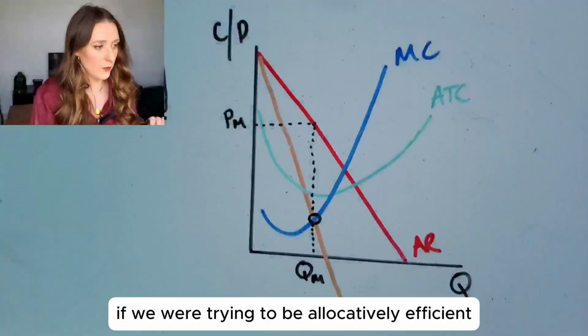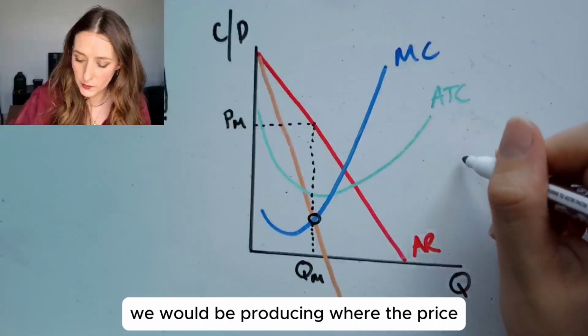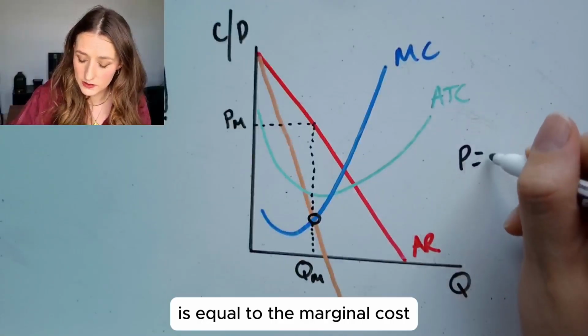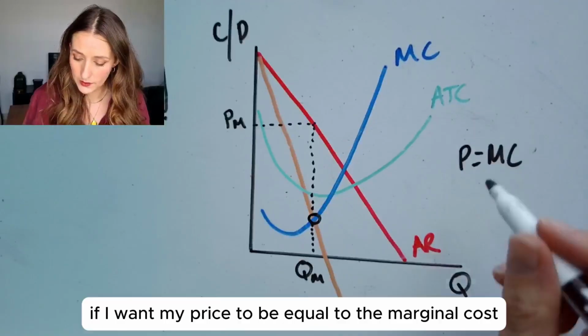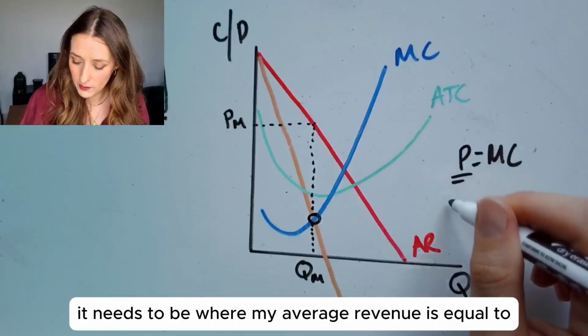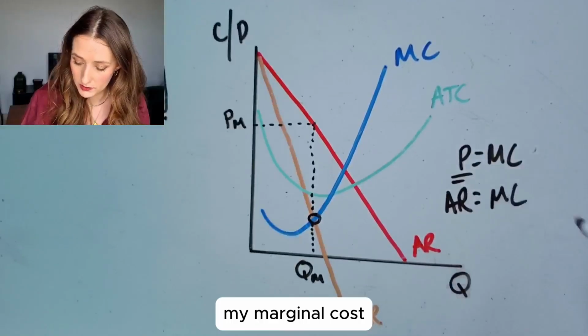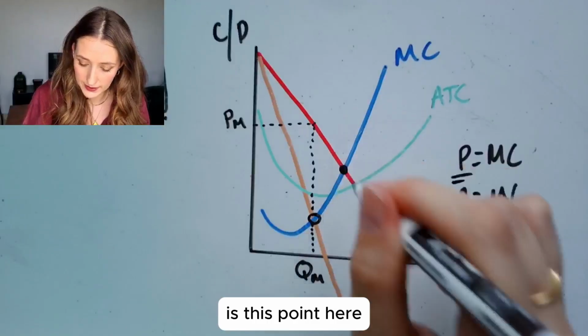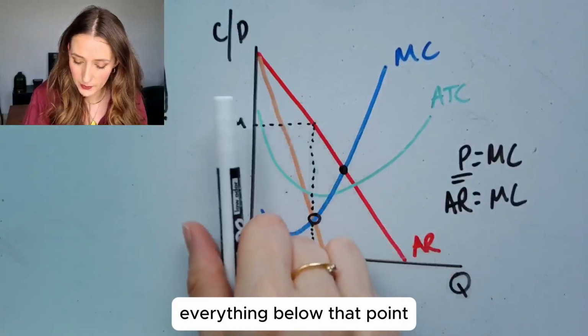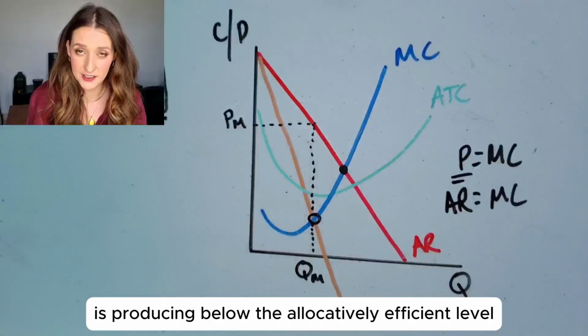Well, if we were trying to be allocatively efficient, we would be producing where the price is equal to the marginal cost. Well, if I want my price to be equal to the marginal cost, it needs to be where my average revenue is equal to my marginal cost, which is this point here. Everything below that point is producing below the allocatively efficient level.